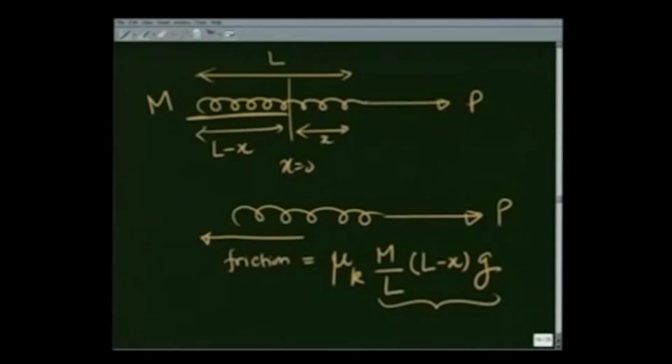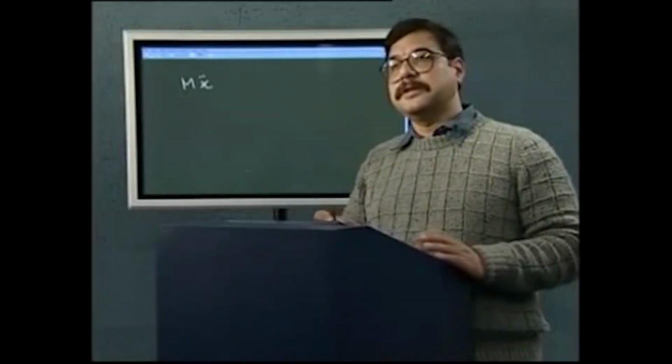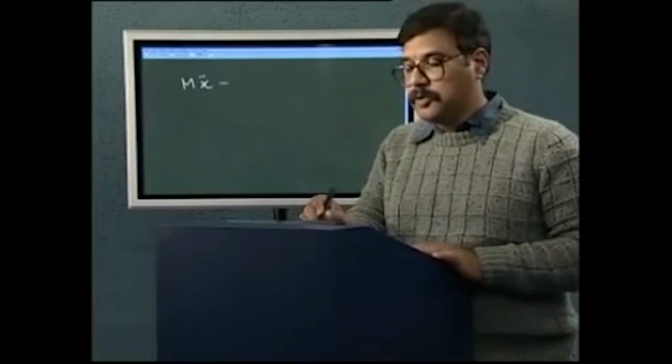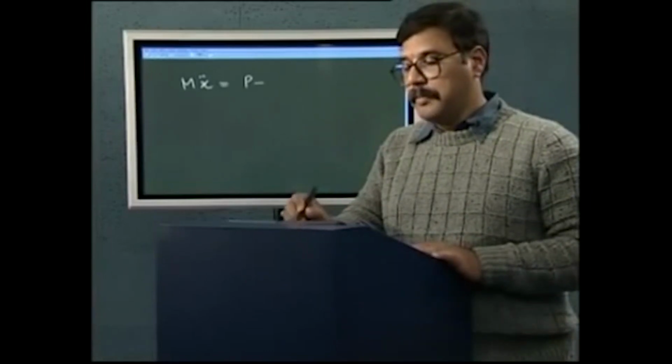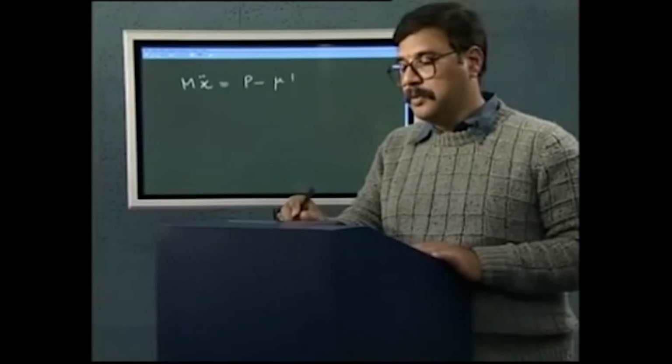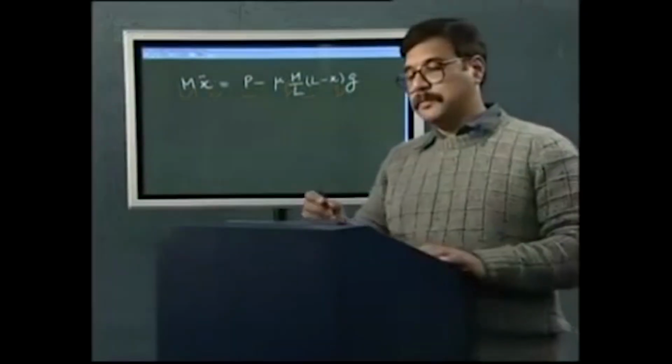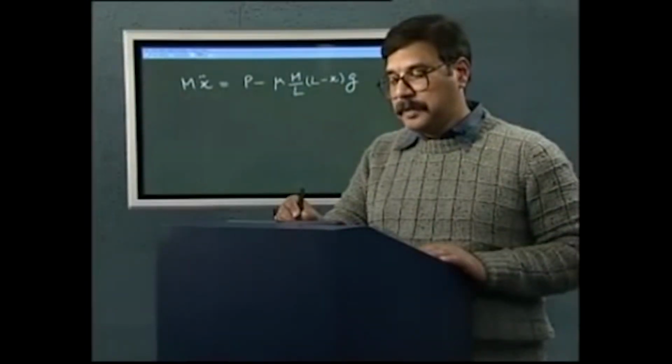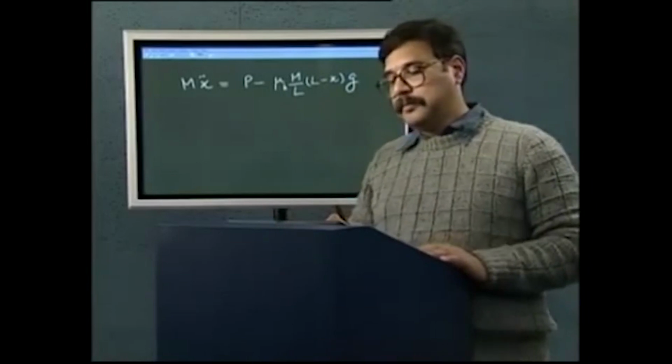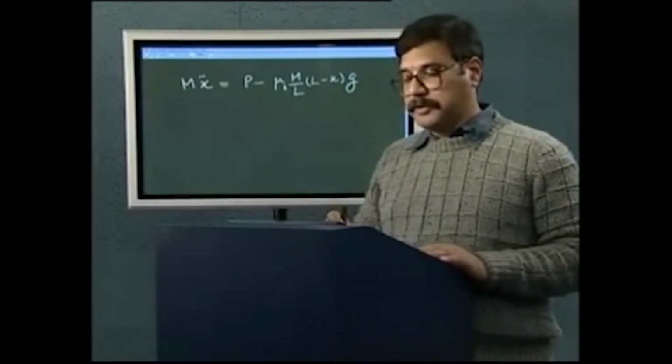And therefore, if I write the equation of motion, the total mass m of the chain moves with acceleration x double dot. Because if the chain has come out by distance x, its acceleration is going to be x double dot, and this is going to be equal to P minus mu m over L minus x times g. For simplicity, I have dropped the subscript k here. It is understood mu is the kinetic friction coefficient.